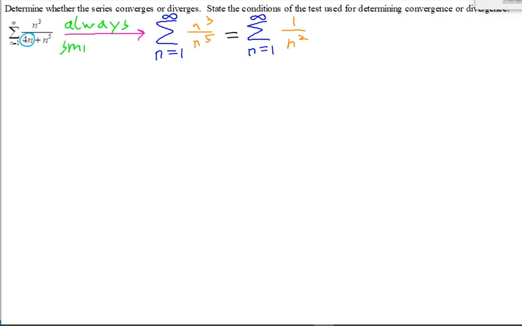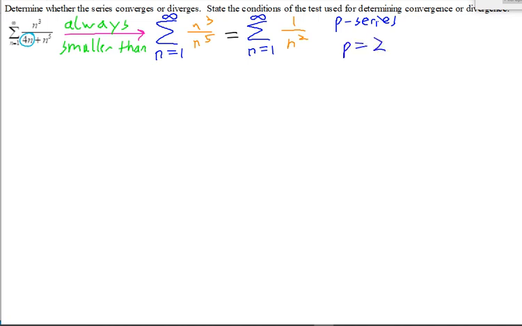And this time, this one fits the p-series test. See if it's that formula, 1 over n to some constant power, and p is equal to 2.